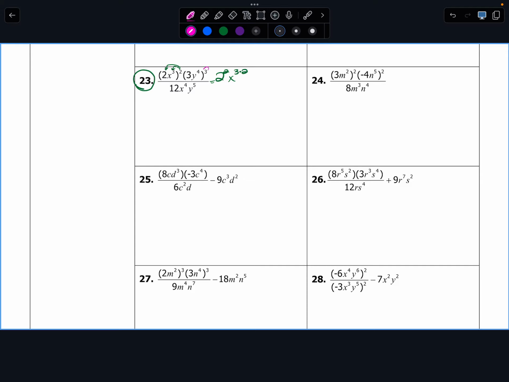Then I'm going to distribute my cubed to both terms. So I get 3 cubed y to the 4 times 3 because I'm using my multiplication rule that we did yesterday. And I still have my 12x to the 4th, y to the 5th in the bottom.